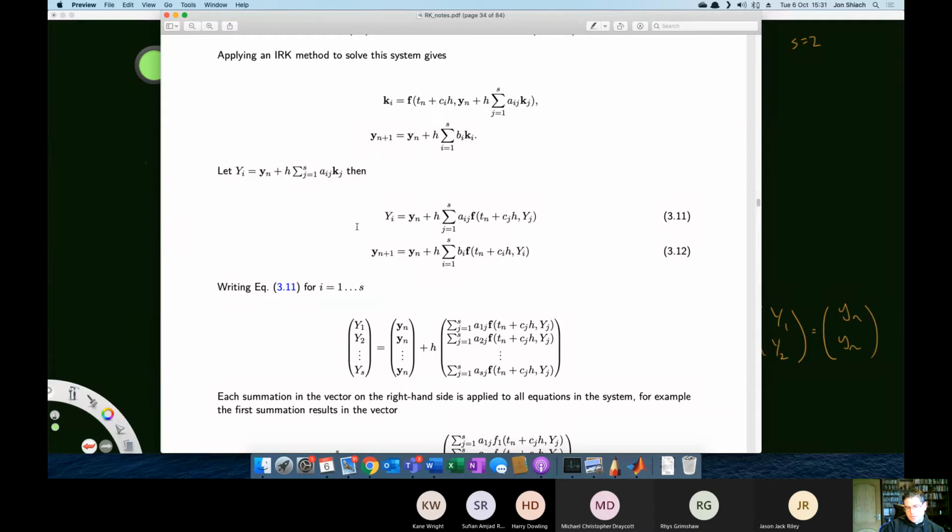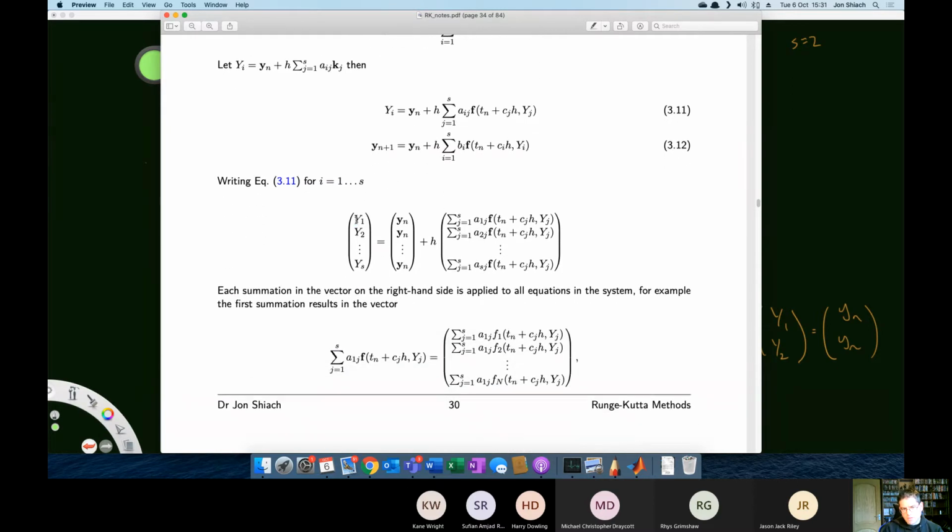We just saw in the previous example, for a single ODE, we had to solve a system of equations for our big Y values. Let's see what we have to do for a system of ODEs. For each of our stage values, let's say Y1, for example, we have Yn, which itself is a vector. You see it's in bold.